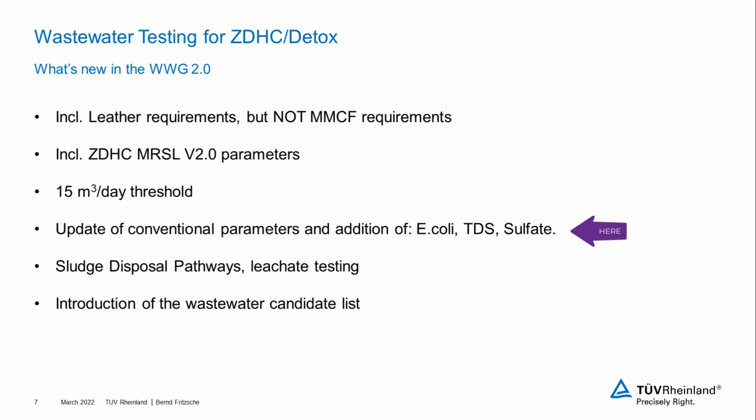Then there has been an update of conventional parameters with exchange or inclusion of additional parameters. Sludge disposal pathways have been defined, and there has been the introduction of the Wastewater Candidate List to give an outlook what to expect for version 2.1 or possibly 3.0.